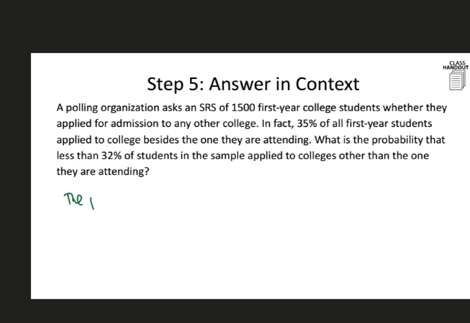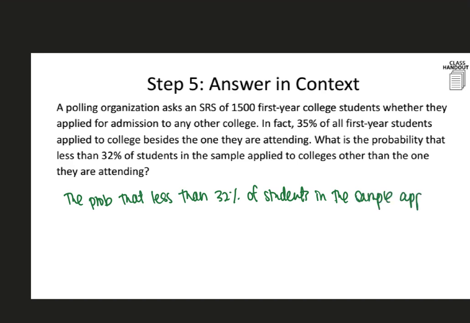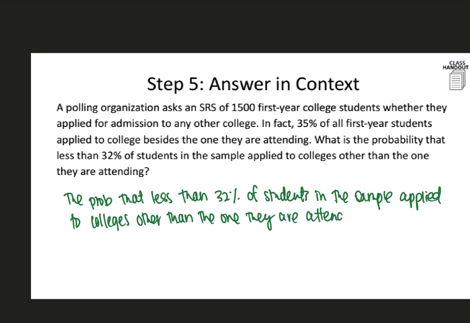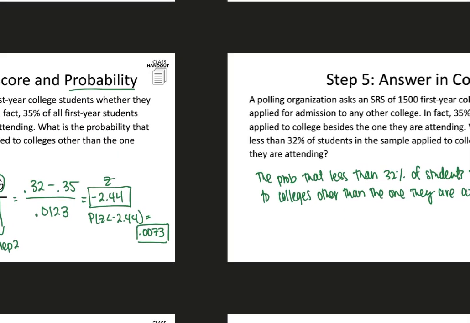So I'm going to say the probability that less than 32% of students in the sample applied to colleges other than the one they are attending is 0.0073.